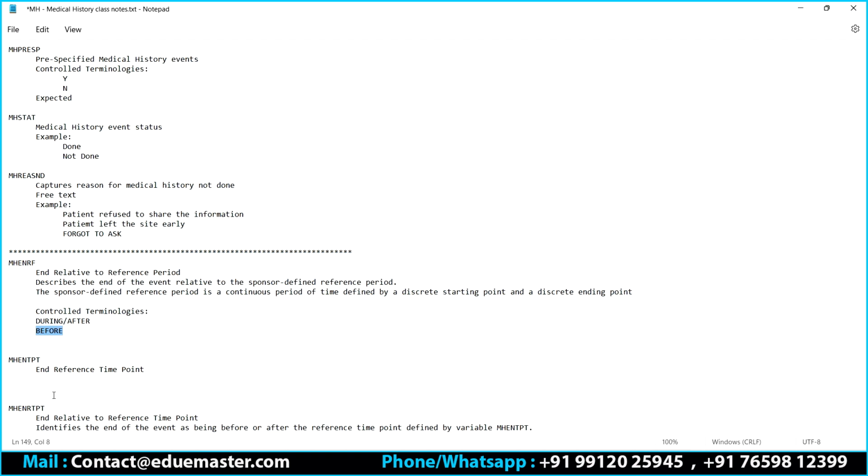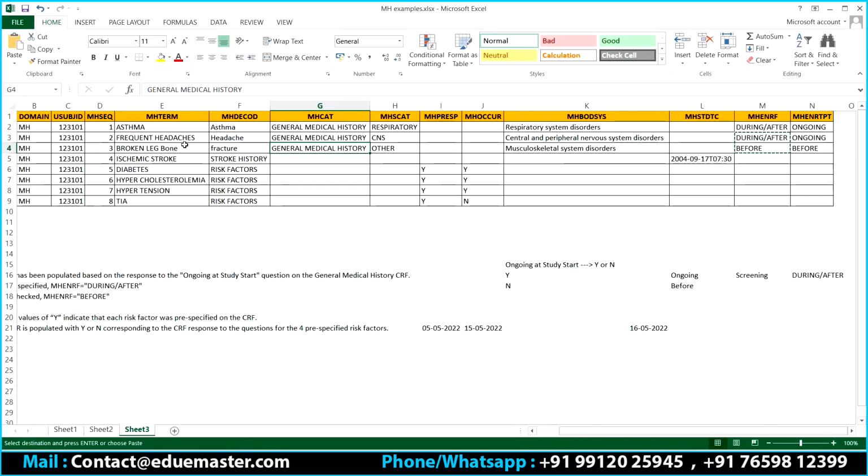But this happened already, right? That's the reason we are recording it. So here the controlled terminology is going to be before. Here the fracture happened, my leg got broken, but it happened before this particular study, not today, right? So that's the reason my end reference for this particular duration is going to be before. Is that making sense, guys? For a headache, it is a continuous one.